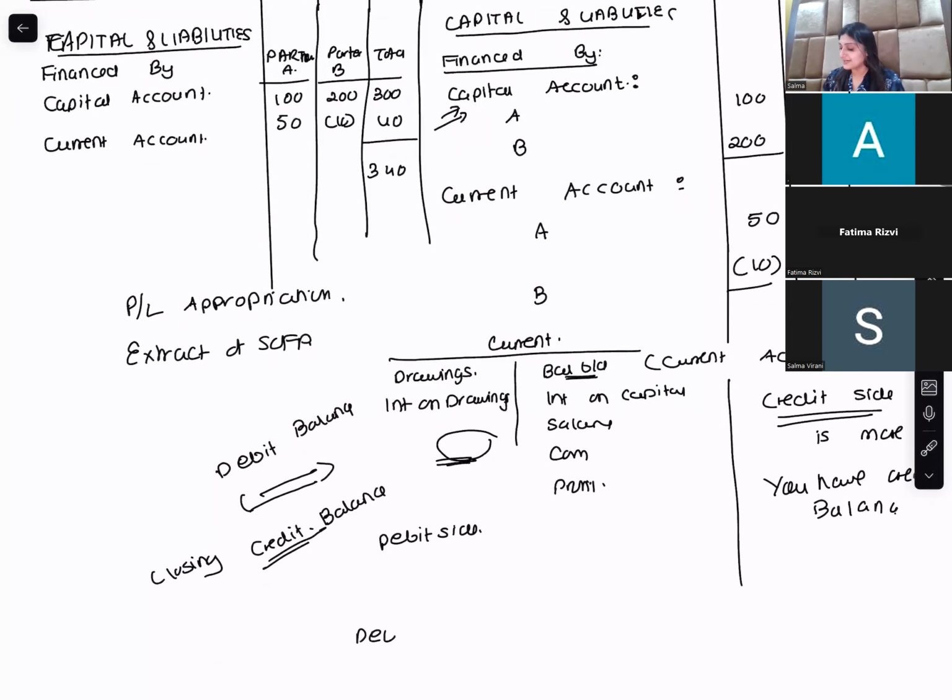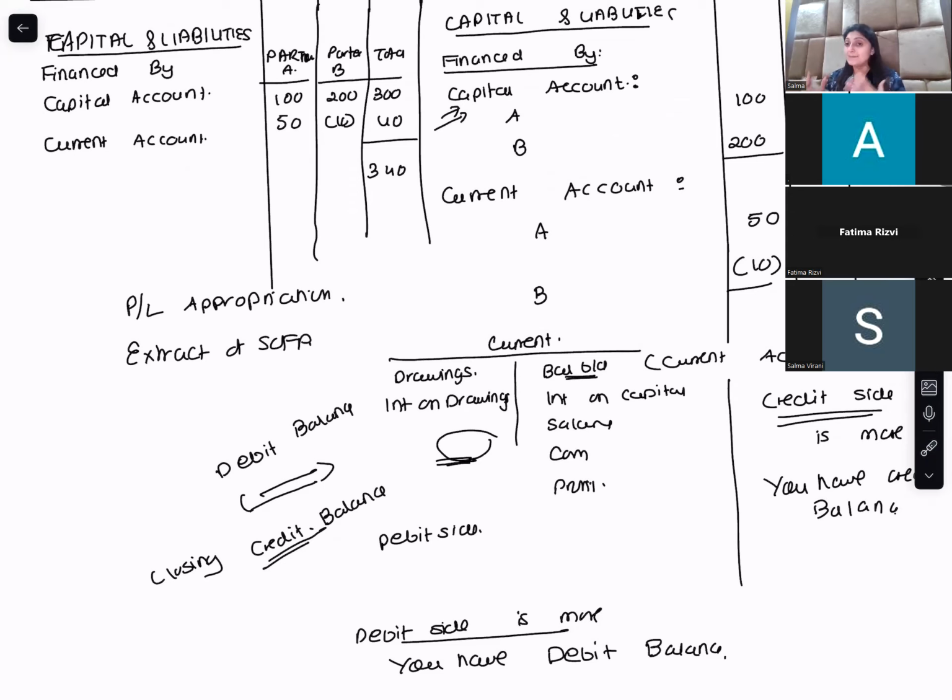And if your debit side is more, which balance will you have? We'll subtract it. If your debit side is more, your balance is a debit balance. If your credit side is more, your balance is a credit balance.